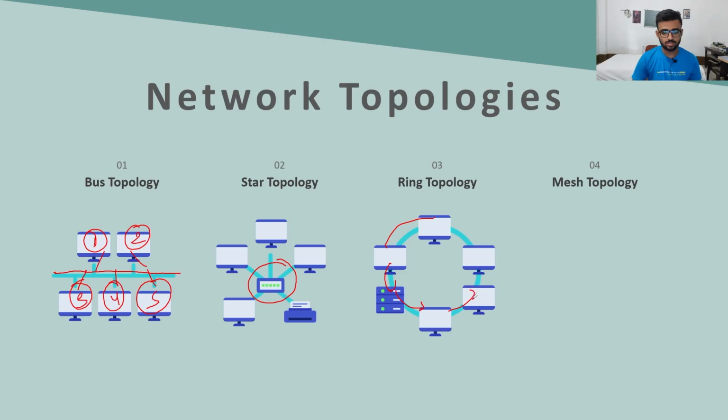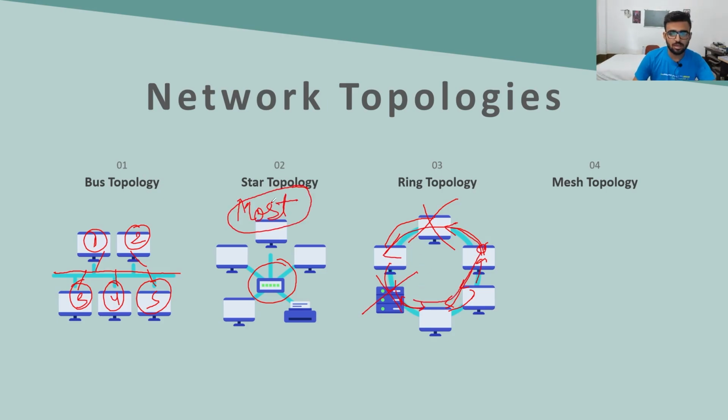But the disadvantage of a ring topology is, let's assume this PC breaks down and this PC wants to share data, then it takes a long path. Or if this server breaks down, then it can't send a message to this PC.